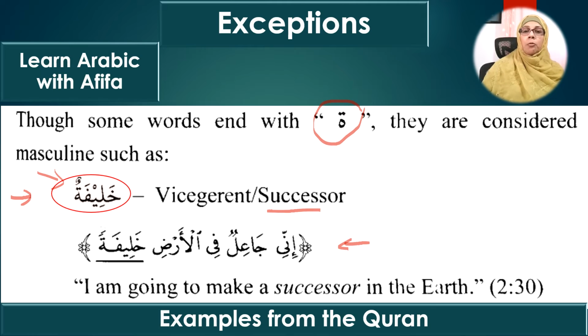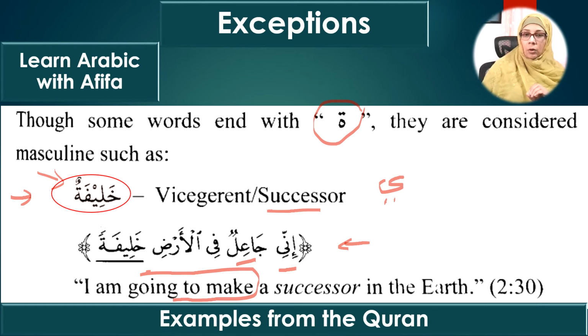So here is a verse from the Quran: Inni ja'ilun fil ardi khalifa. I am going to make a successor in the earth, as Allah says. The first word here is inni. It is inna, which means surely, and with inna we are adding ya mutakallam to make it I, right? Surely I. Ja'ilun means going to make.